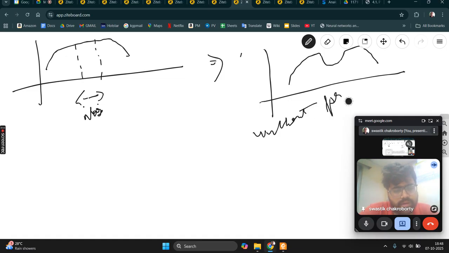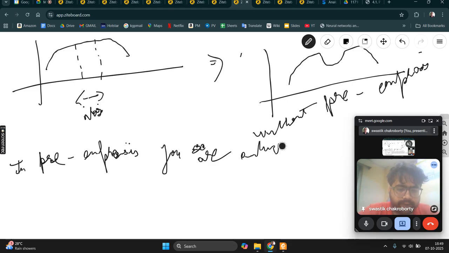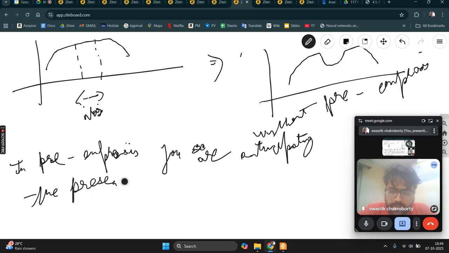pre-emphasis. Now, in pre-emphasis, what you are doing is you are anticipating the presence of noise and compensating beforehand.